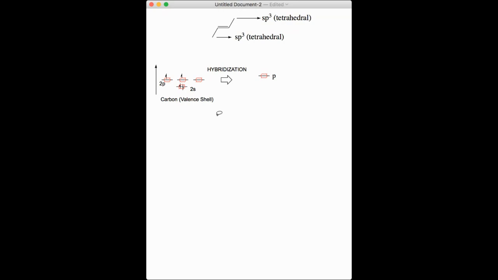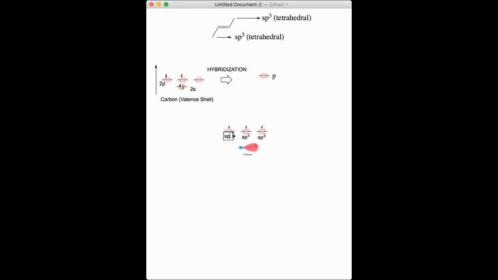Okay, so there will be 3 remaining. One is saved for pi bonding. There are 2p and 1s remaining. So combining 1s and 2p, if I combine 3 atomic orbitals, I will get 3 hybrid orbitals, because I am combining 1s and 2p.